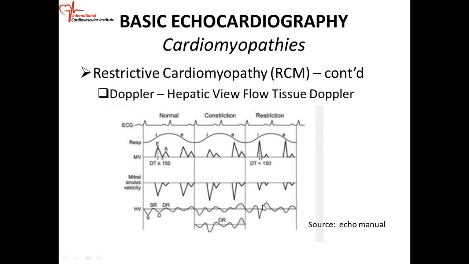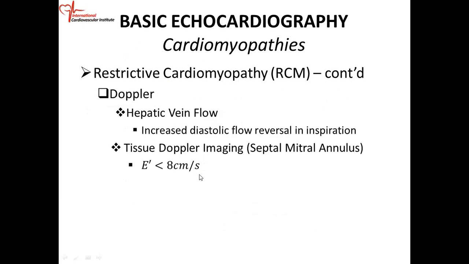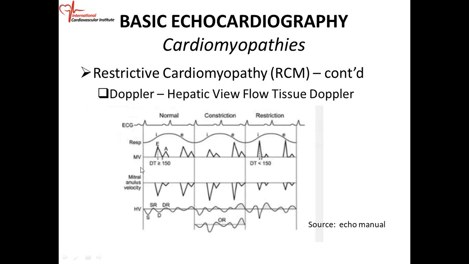Okay, all right, and the other distinguishing thing is your tissue Doppler. In constrictive pericarditis, you're going to get a big E prime because it's not a muscle disease, whereas in restrictive cardiomyopathy, a small E prime because it is a muscle disease. Okay, and you can get your pseudonormal or your restrictive pattern in your mitral inflow.